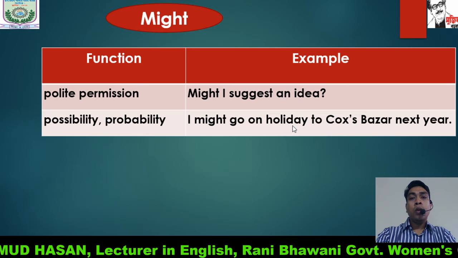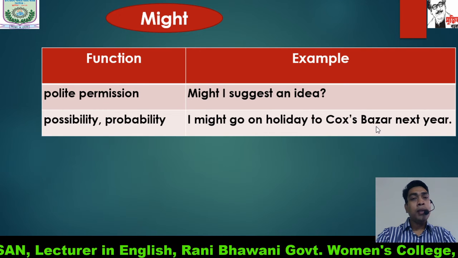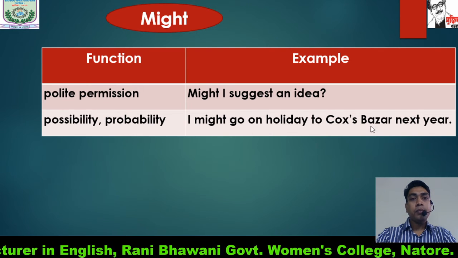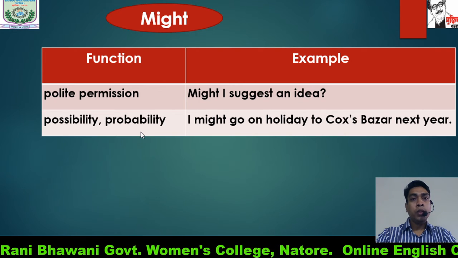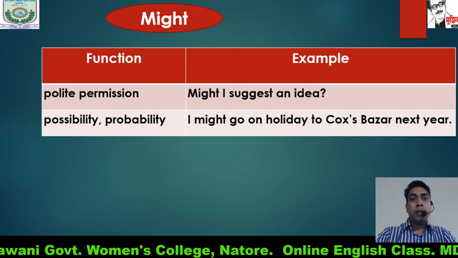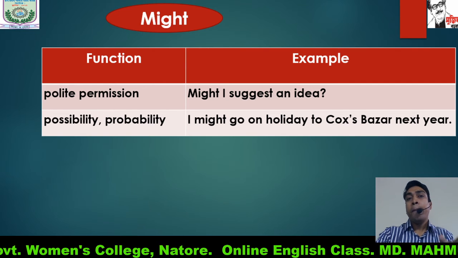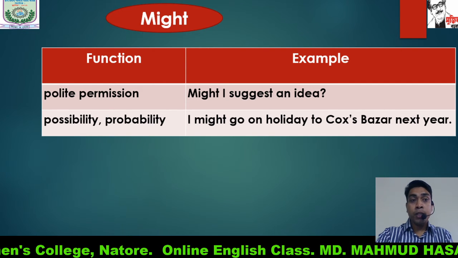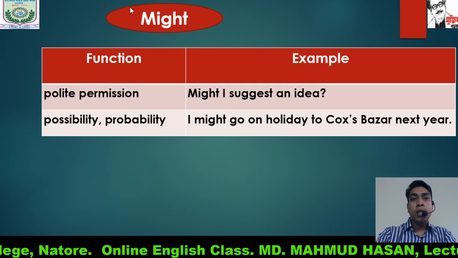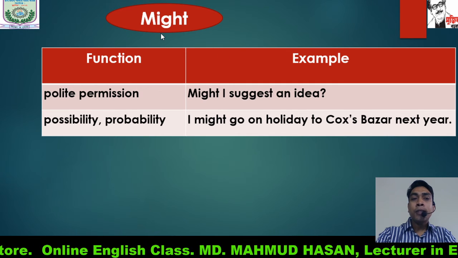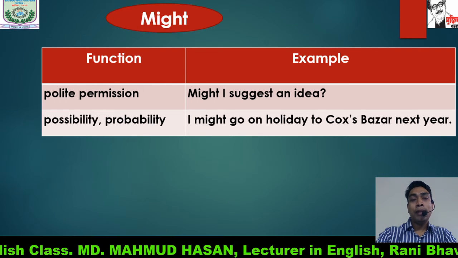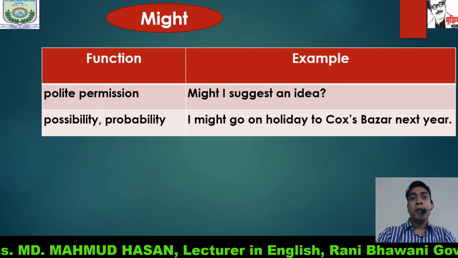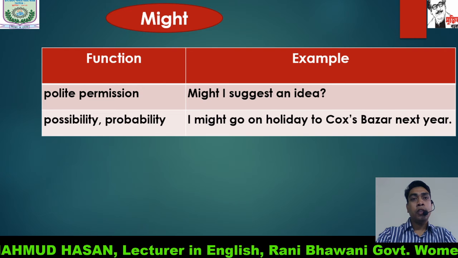I might go on holiday to Cox's Bazar next year. So in case of possibility or probability, we also use might. But if we compare may and might, might is less possible or less probable than may. I think you have understood it.